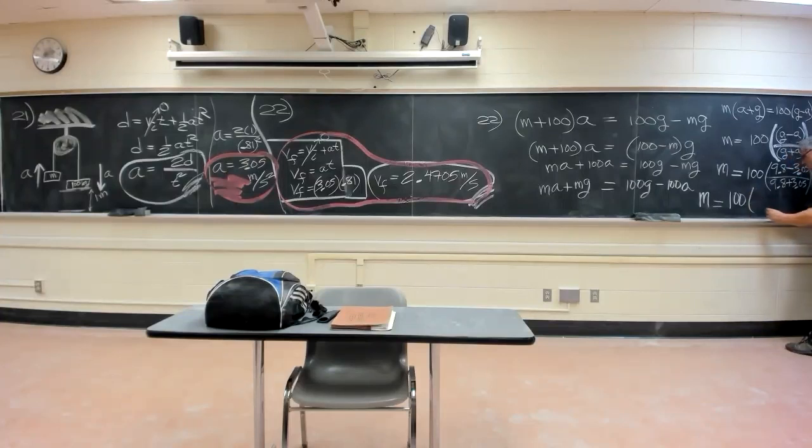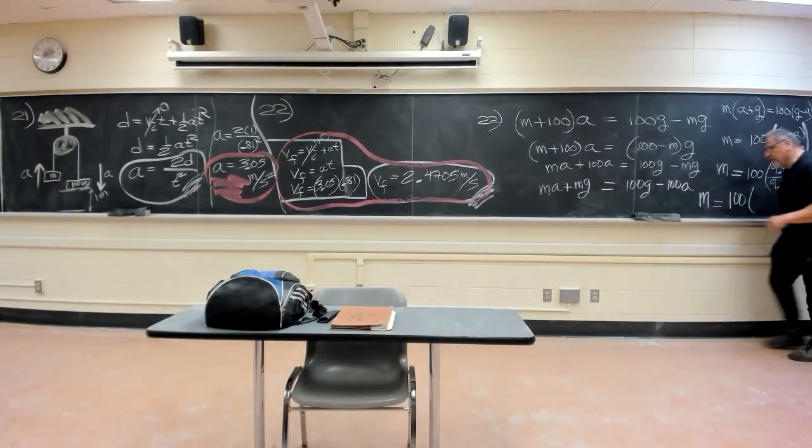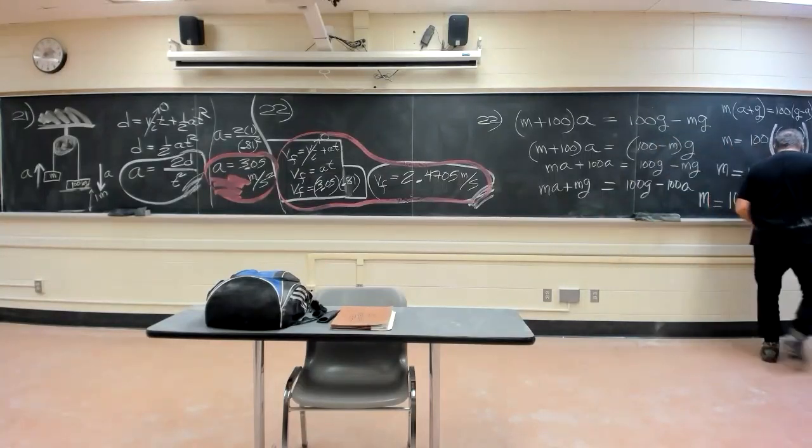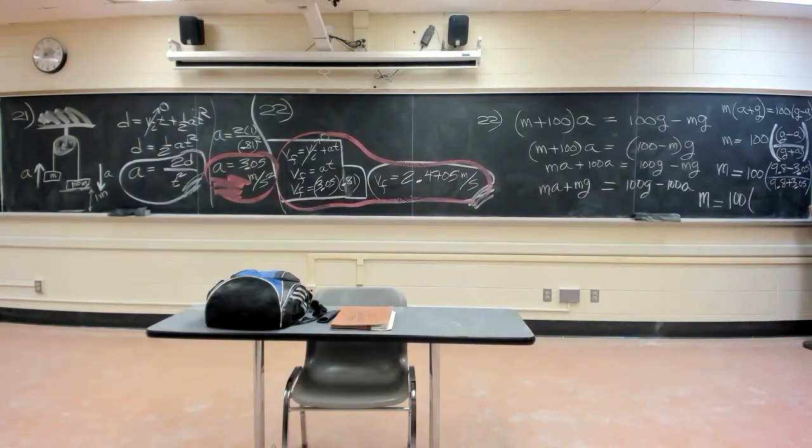Here's the 100. You do the subtraction here, you got 6.75 on top. And here you add, and you got 12.85.